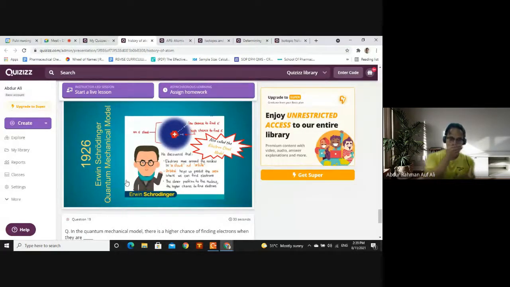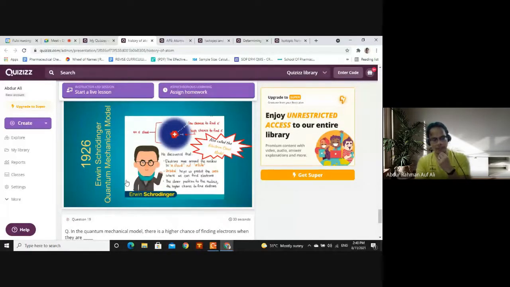So basically, the quantum mechanical model describes the electron as moving in energy shells, but it moves so fast that we cannot exactly identify which shell it is in. It's a bit complex, okay?